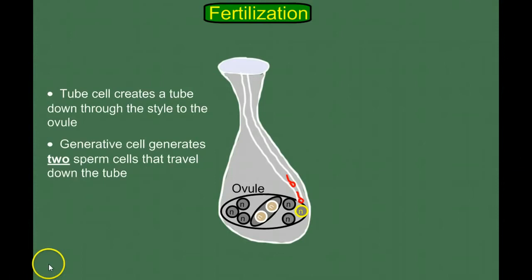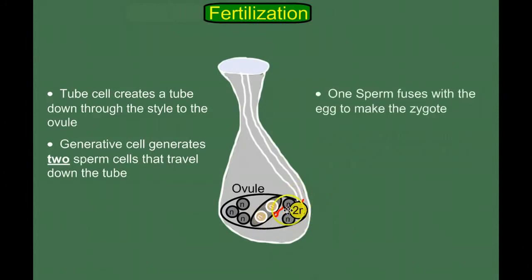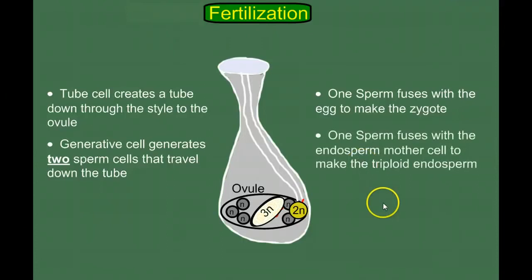When they get here, they're going to have a double fertilization event. One of the sperm is going to fuse with the egg to make the zygote. The second sperm is going to fuse with the endosperm mother cell to make a triploid cell. That's going to be the beginning of our endosperm, our nutritive tissue. Since there are two fusion events, we call this double fertilization.